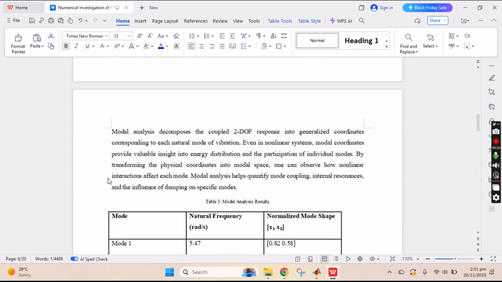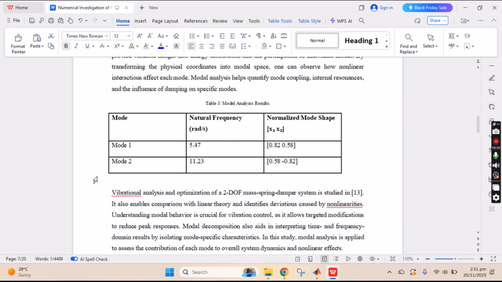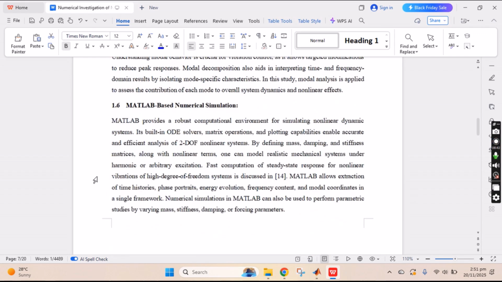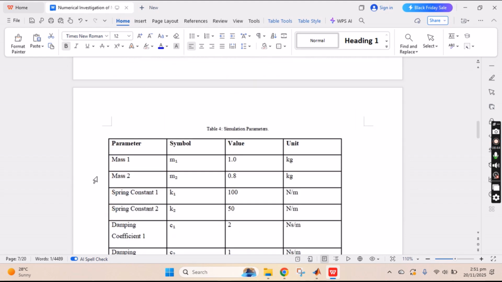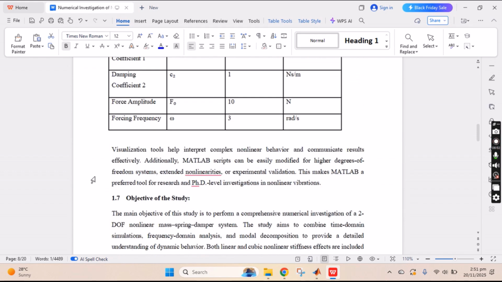So here is the modal analysis. Modal analysis also provides us the natural frequencies with the normalization of the mode shapes and modes accordingly. Now I have used the MATLAB numerical simulation of the system with the parameters of mass, spring, and damping coefficients, with the force amplitude and phase frequency.